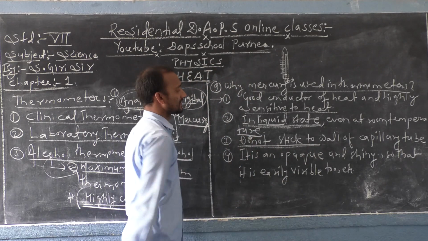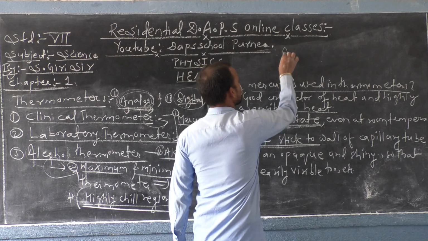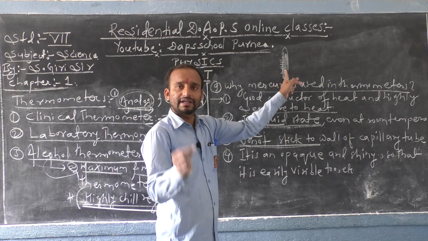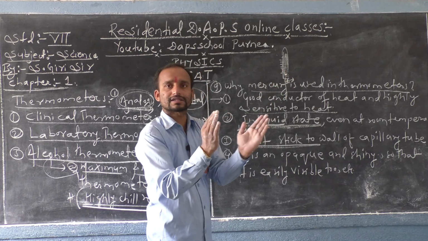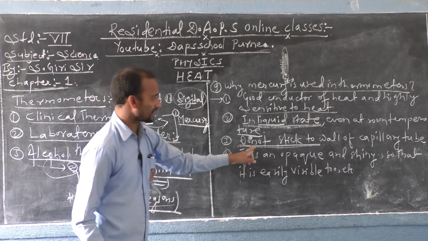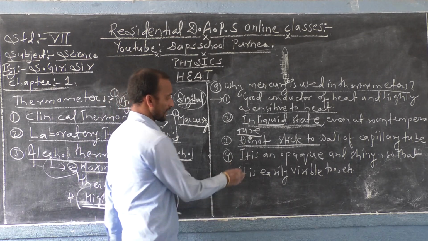mercury does not stick to the wall of the capillary tube. As I told you earlier, there is a capillary tube inside, and it does not attach or adhere to its walls, it does not get stuck. So mercury is properly used in a thermometer. Number 4, it is opaque.